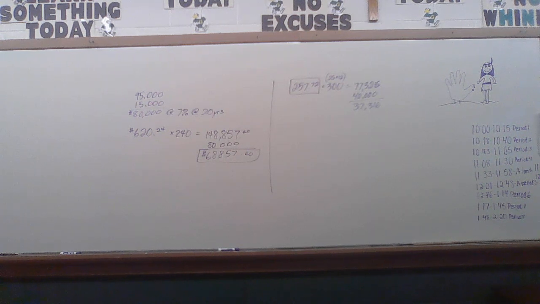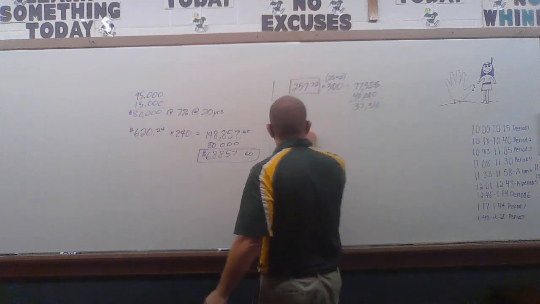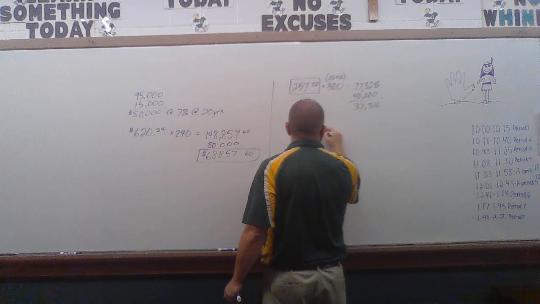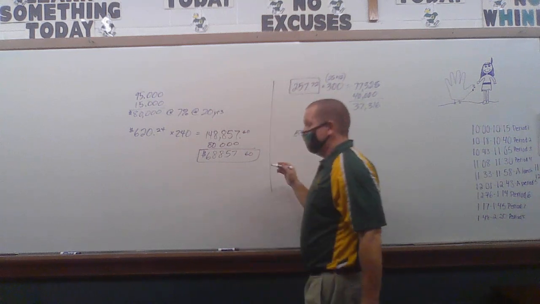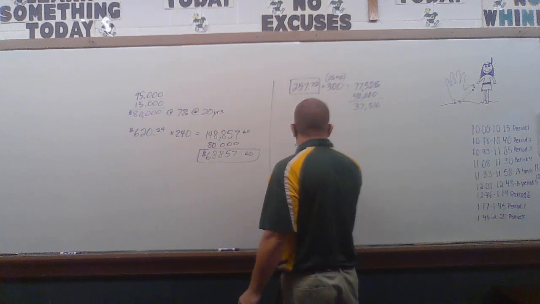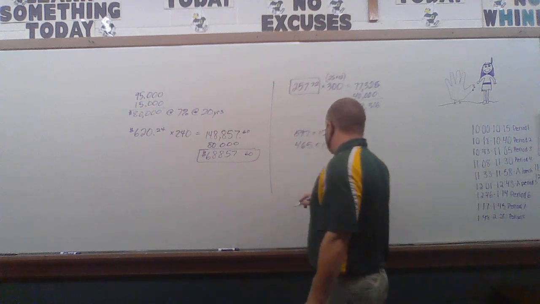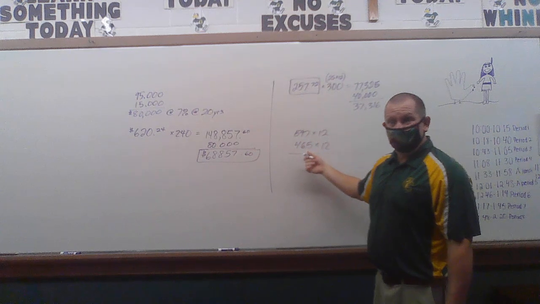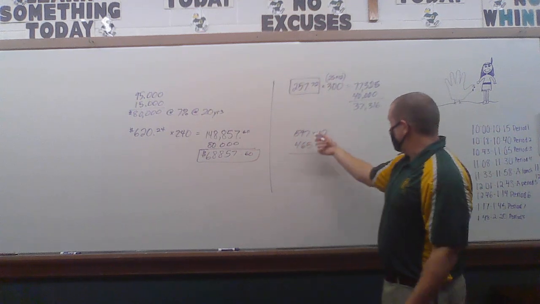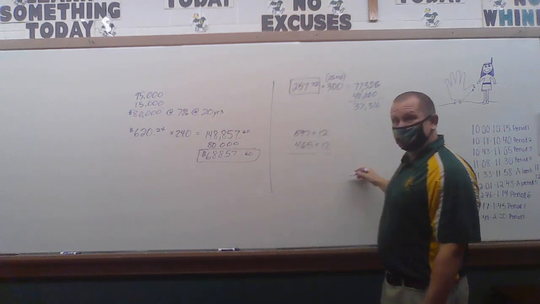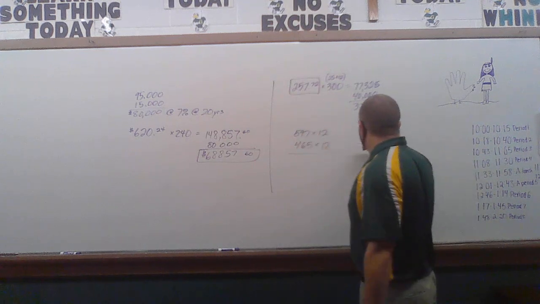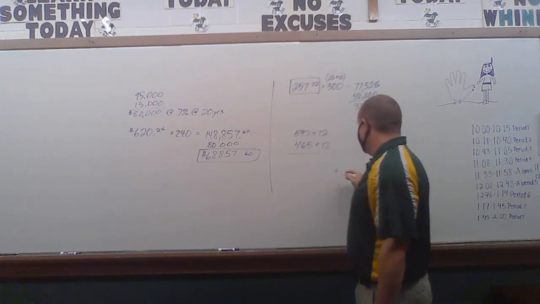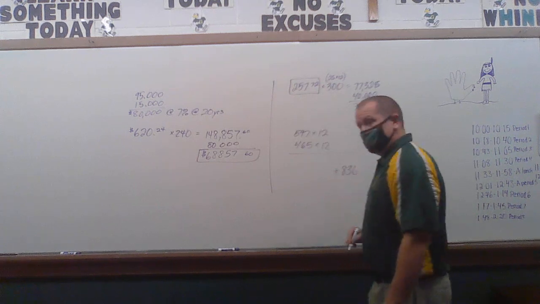So how do I find out how much I save? 597 times 12, and 465 times 12 plus the 836. A couple different ways I can do this. I could subtract those two and then take it times 12, or subtract those, or sometimes add $836 onto it.